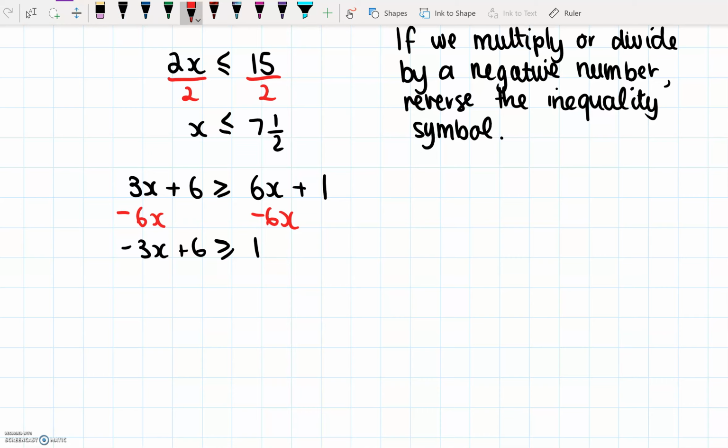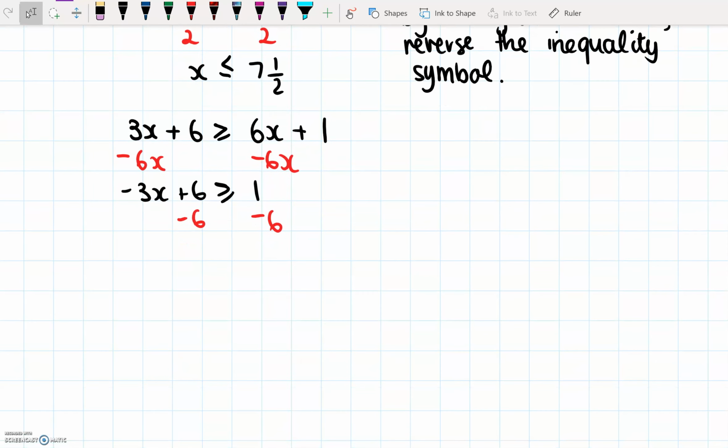Our next step here would be to minus 6 from both sides. So on the left now, we will have minus 3x is greater than or equal to minus 5. Now, to get x by itself we need to divide by minus 3. And when you do that, you need to take your sign and reverse it.